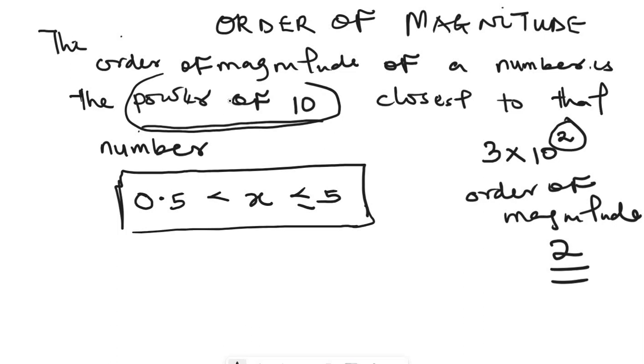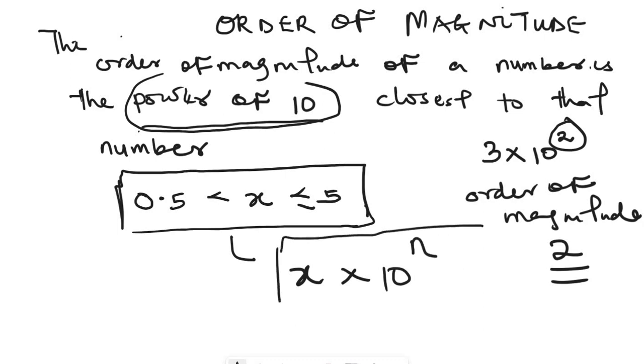Now let's go back to my simple logic. I formulated this logic as an approximation that 0.5 < x ≤ 5, such that the number is x times 10 raised to power n.